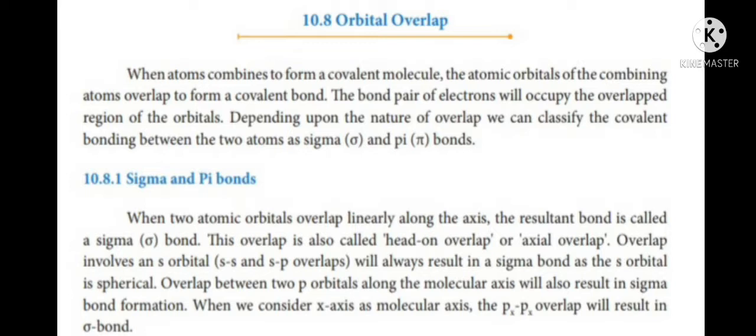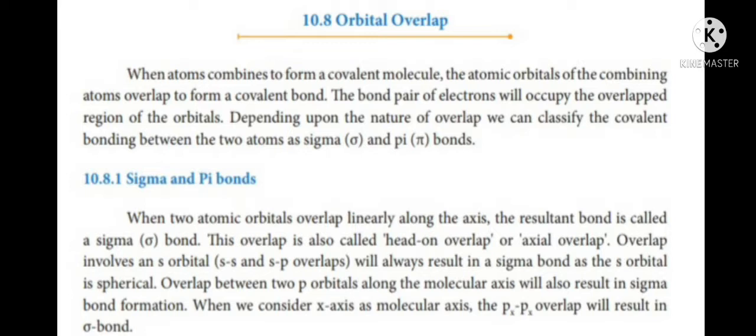Now, these two atomic orbitals overlap with each other and form a bond pair of electrons. The bond pair of electrons will occupy the overlapped region of the orbitals. Depending upon the nature of overlap, we can classify the covalent bonding between the two atoms as sigma bonds and pi bonds.